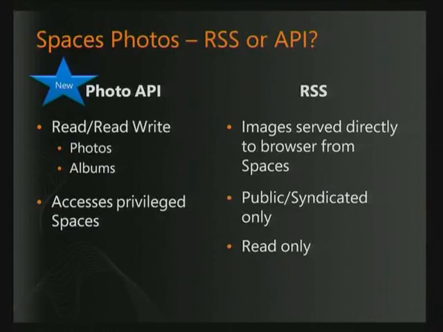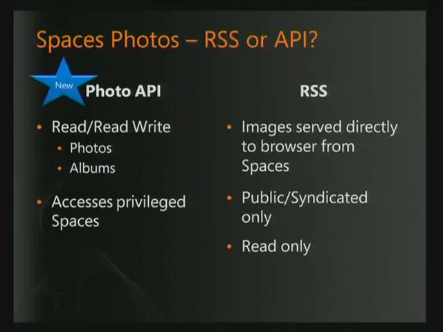But what those RSS feeds did is they were read-only. So you had to be part of Microsoft in the family to write to the Spaces photo store. So we've now created an API that makes it easy for you to update and upload new photos and create new albums within Spaces photos.